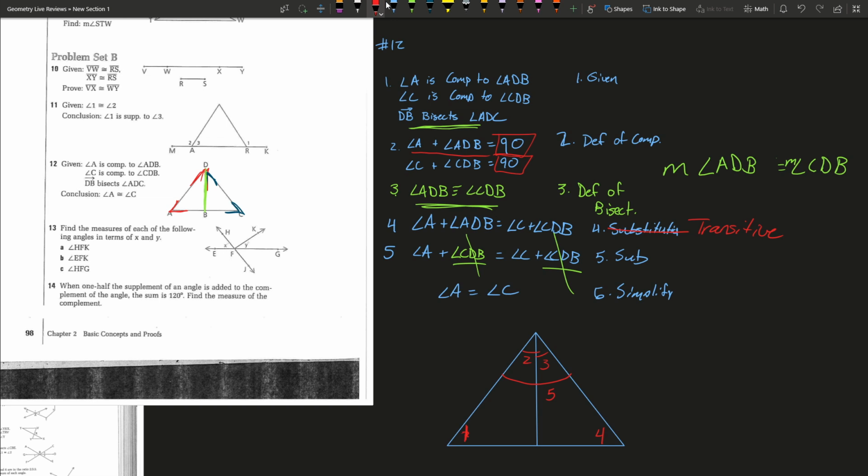Because they're both equal to 90, they're also equal to one another. Ethan, does that make sense?